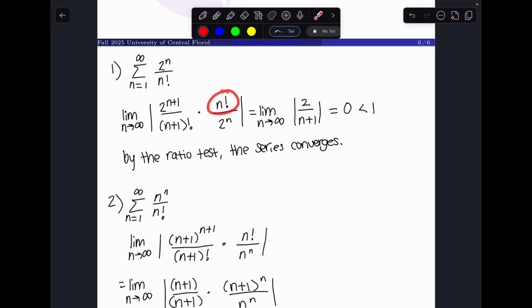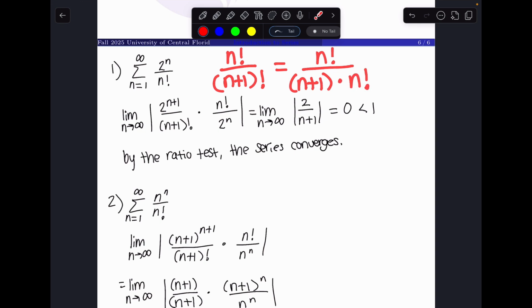Notice that we have n factorial in the numerator and n plus 1 factorial in the denominator. They're off by just a factor of n plus 1, so n plus 1 factorial can be rewritten as n plus 1 times n factorial.